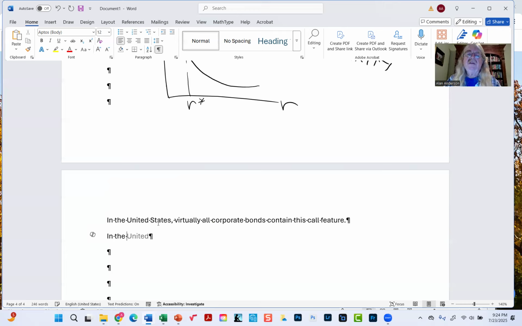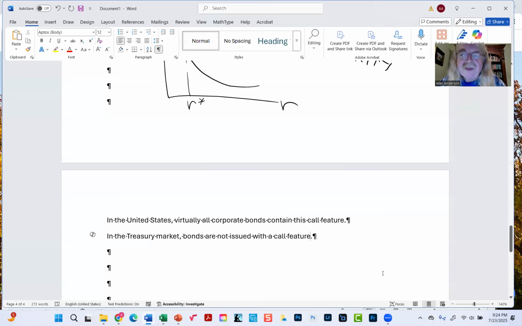In the treasury market, though, bonds are not issued with a call feature, right? The thing about the treasuries is that a corporation is borrowing your money to hopefully earn a profit. They're trying to pay for their normal expenses or maybe do some research and development or develop new products or whatever. The government is issuing bonds because they have deficits they have to cover. They've got to make those payments.